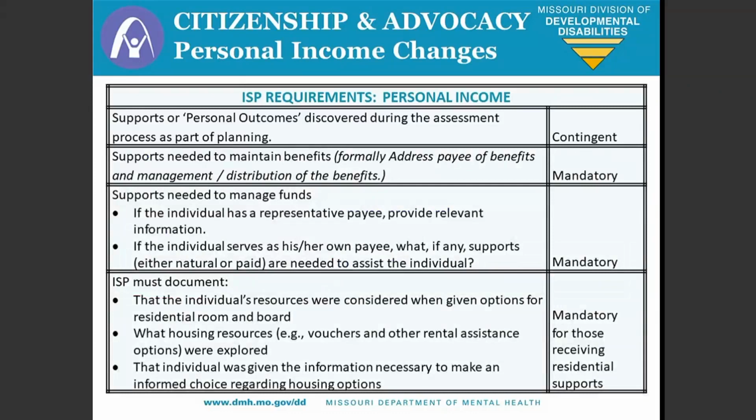If the individual serves as his or her own payee, what, if any, supports, either natural or paid, are needed to assist the individual? For those who receive residential supports, the individual's resources were considered when given options for residential room and board. What housing resources, i.e., vouchers and other rental assistance options, were explored? The individual was given the information necessary to make an informed choice regarding housing options.